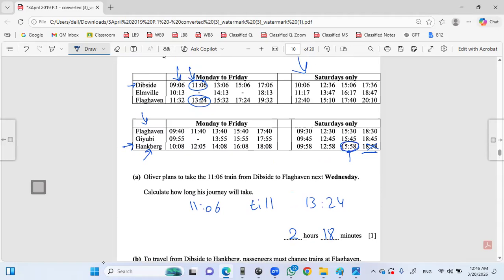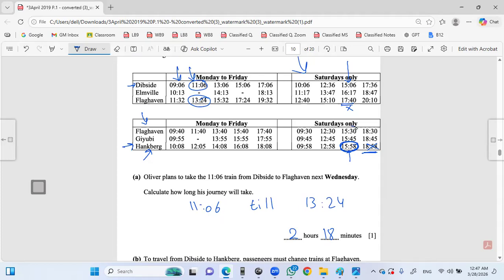I need to reach this timing from Dipside. How? If I think about taking this, look at that. You're going to arrive at Flaghaven at 17:40. You can't take the 15:30. You will arrive at Flaghaven after 15:30, so you're going to miss this train.